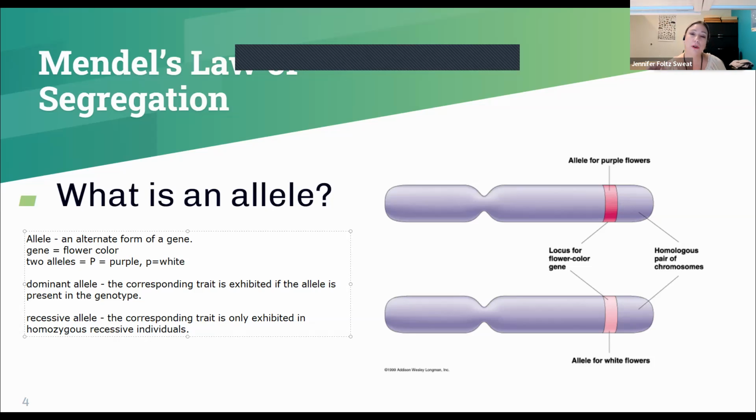So here we have shown capital P codes for purple flowers, lowercase p codes for white flowers. So you will only see white flowers if the individual organism has little p, little p.